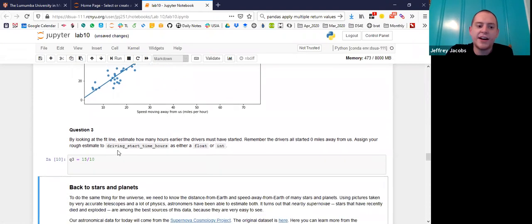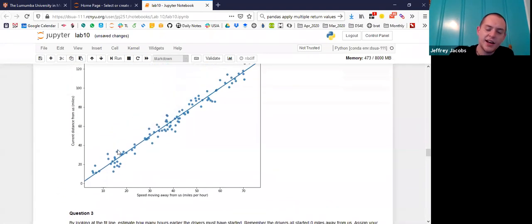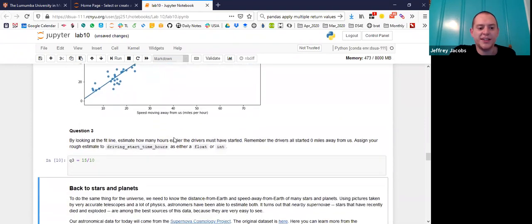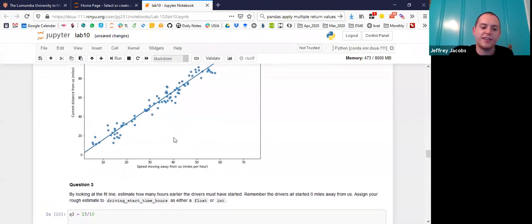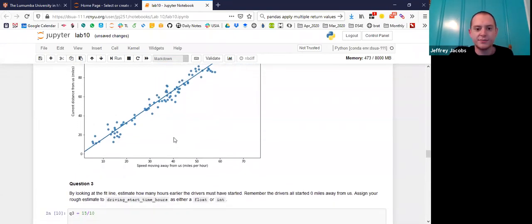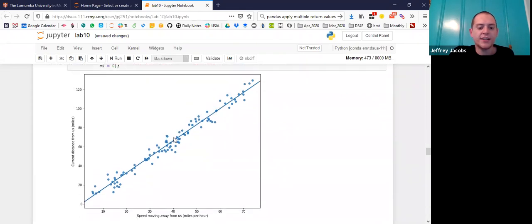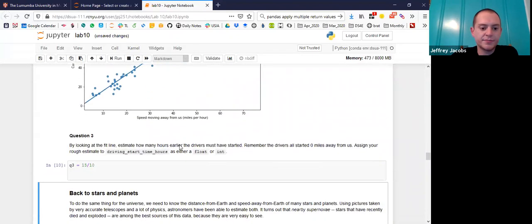So about 1.5. So from this line, from these noisy estimates of the distance and speed of the cars, we end up with an estimate that they must have left about 1.5 hours ago. That's the estimate that makes the most sense given the best fit line through our estimates.